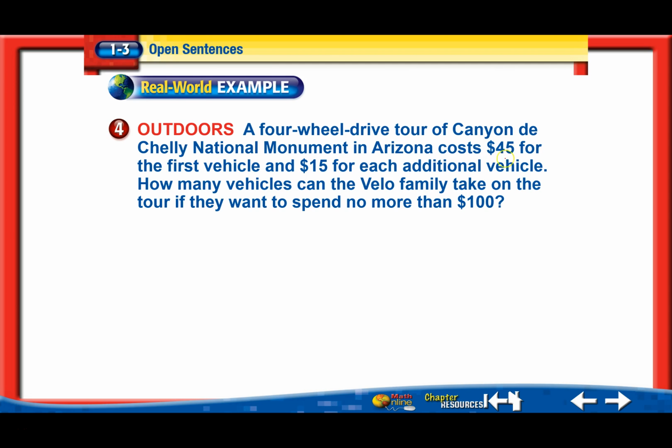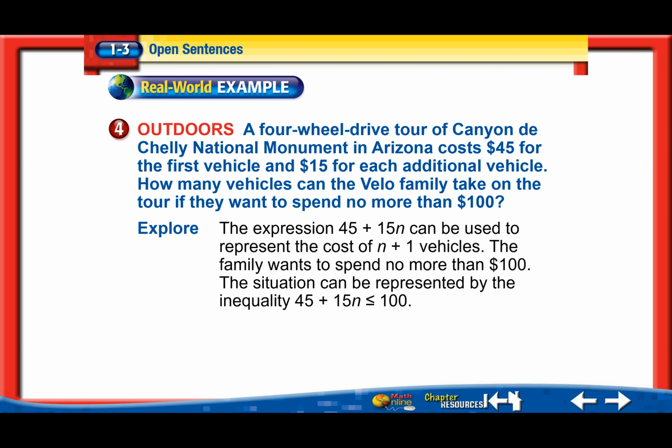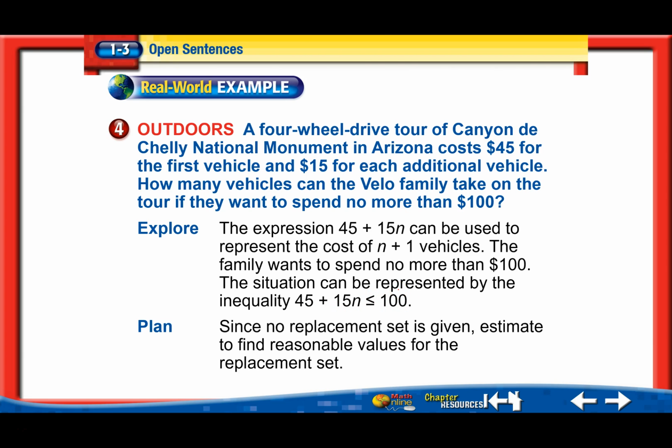They already have $45 for the first vehicle, plus 15 for each additional vehicle, n. So 45 plus 15n, or whatever letter they have, has to be no more than $100, so 45 plus 15n is less than or equal to 100.